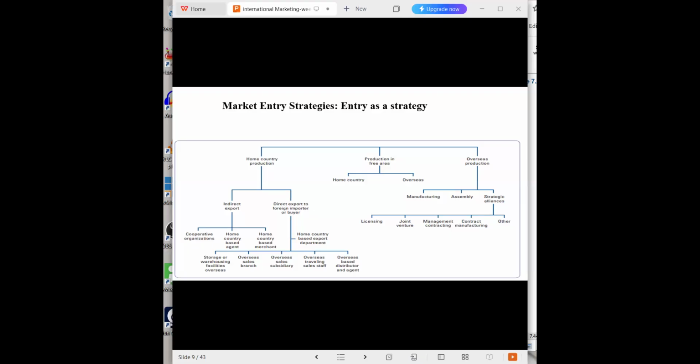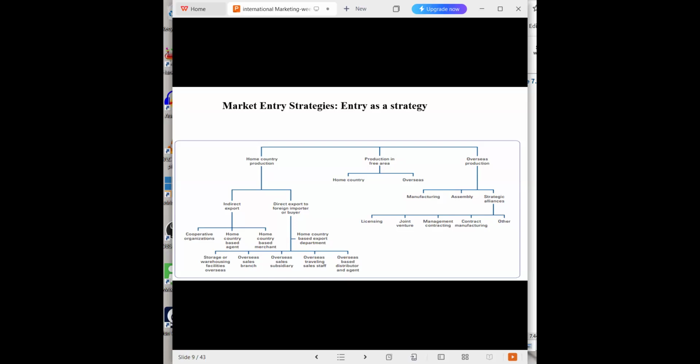Okay, so as I mentioned, from this diagram, you can see that in direct exporting, you can see storage or warehousing facilities overseas. So that company can have its own storage or warehousing facilities overseas. That company can have its own sales branch, as one of us mentioned Dangote having its own branch over there.